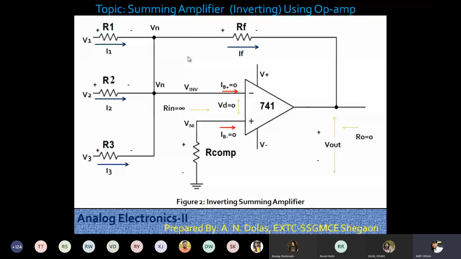If you remove these two resistances from this circuit, what do you see? You have the source, input Vin, only labeled V1. You have one resistance R1, which is connected to the inverting terminal of the op-amp. Then one feedback resistance is connected back to the inverting terminal, and the non-inverting terminal is grounded through resistance R-com.